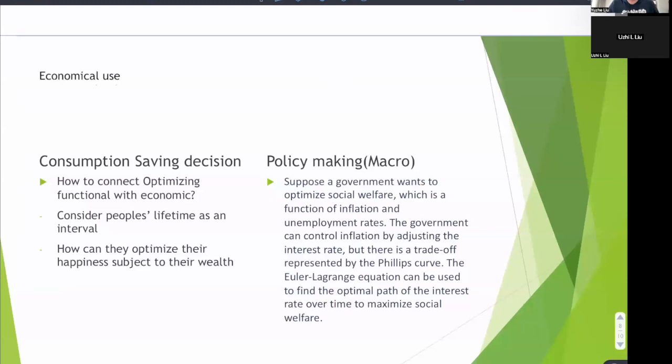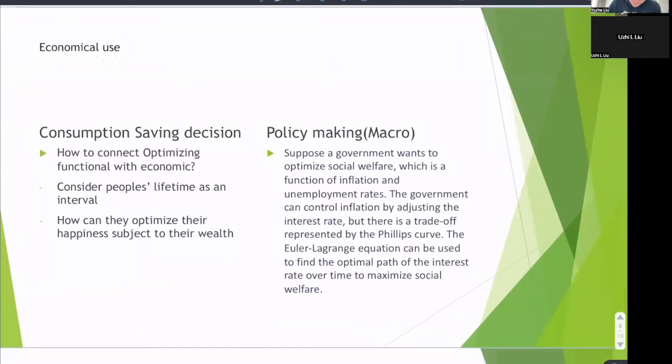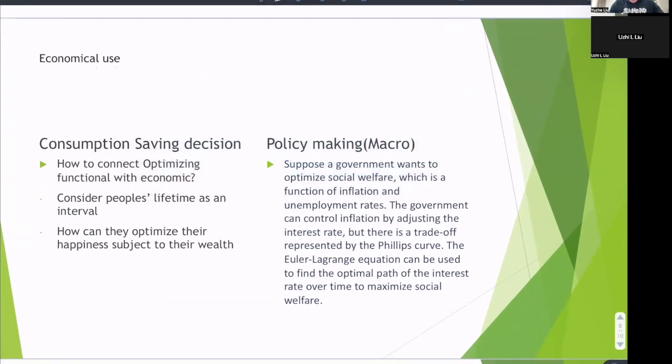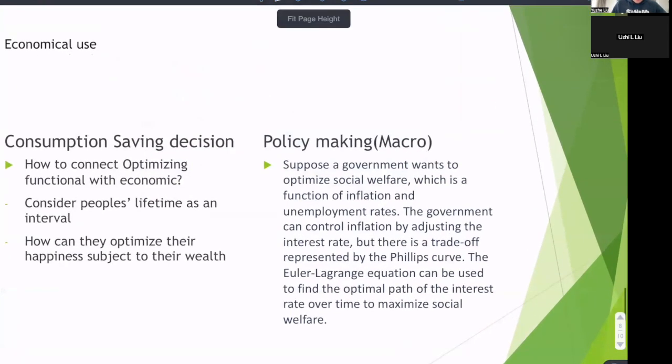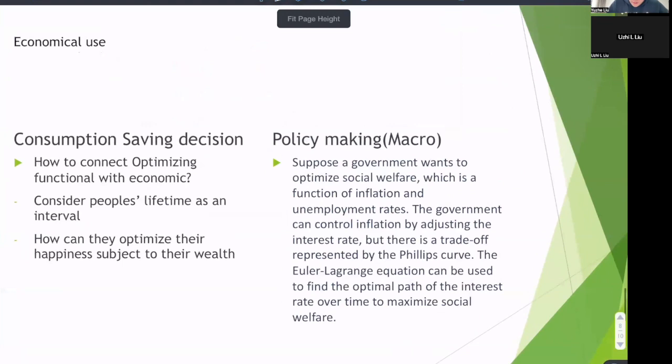So here we come to our first very useful case, that is consumption saving decisions. How do we actually connect the optimizing functionals with economics?